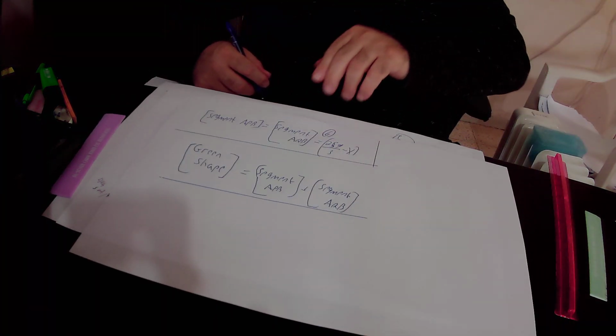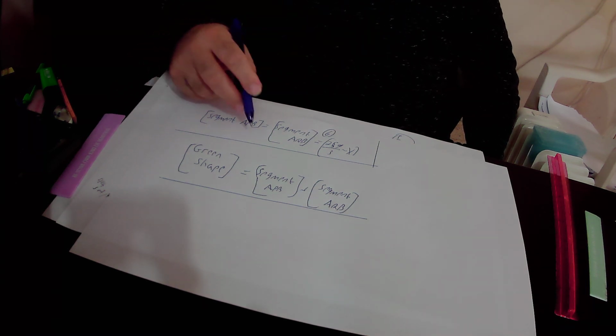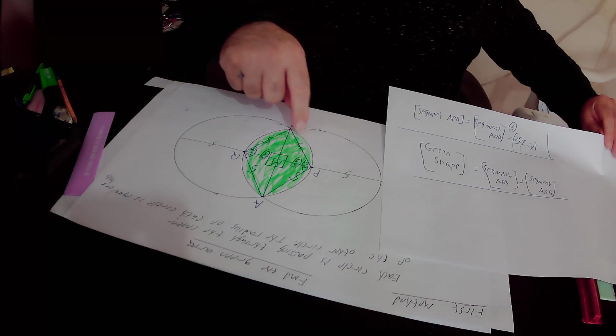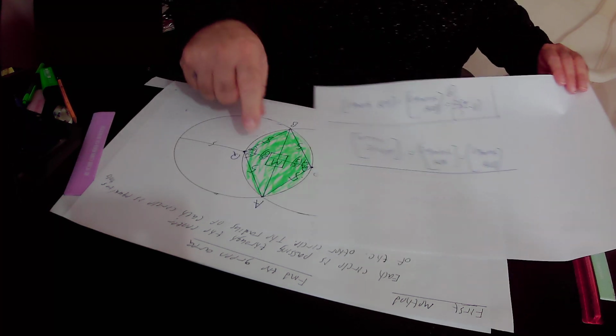And repeat again, the area of the green shape that we are looking for is equal to the area of segment APB, this segment, plus the area of segment AQB, this segment.